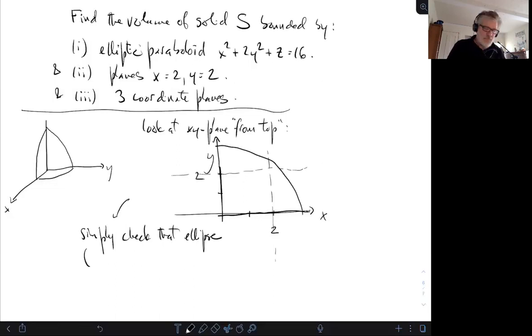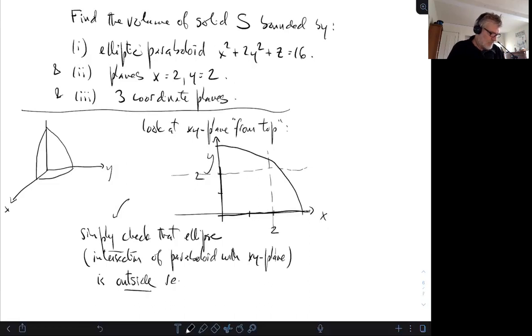So what is this ellipse? It's where the elliptic paraboloid hits the xy plane, right? The intersection of the paraboloid with the xy plane. So simply check that the ellipse is outside the rectangle.